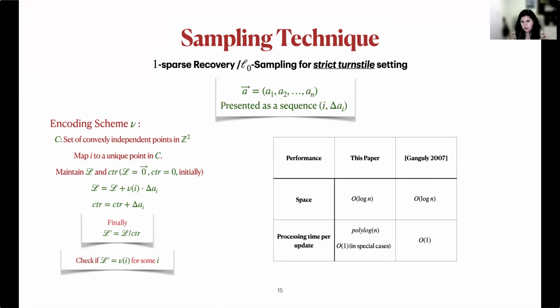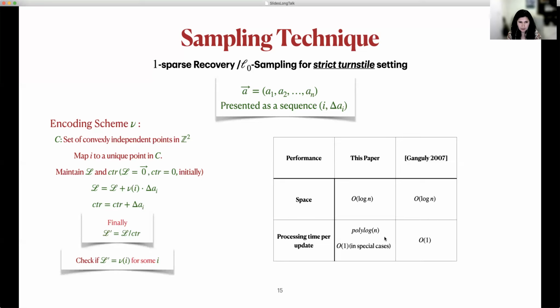Now, to see how our one-sparse recovery routine that we just defined works against a known one-sparse recovery routine by Ganguly, which also works in the turnstile streaming setting, we see this table. The space complexity of our routine as well as of Ganguly's is order log n. But in the case of Ganguly, the processing time per update is order 1, and in our case, it is polylog n.